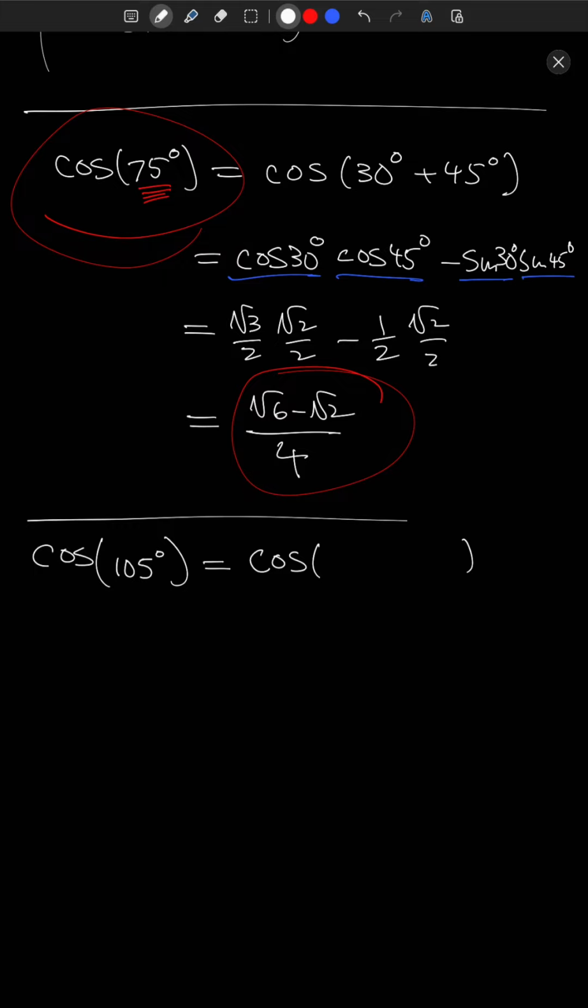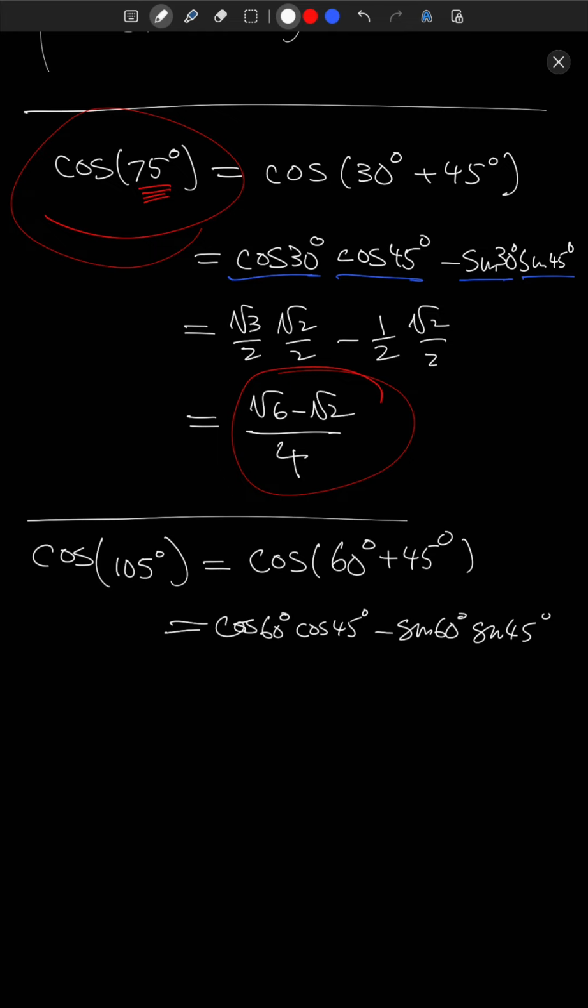So that looks okay. So 60 degrees plus 45 degrees. We know cosine of 60, cosine of 45, sine of 60 and sine of 45, so we know we're all set. So this is equal to cos 60 degrees cos 45 degrees minus sine 60 degrees sine 45 degrees.